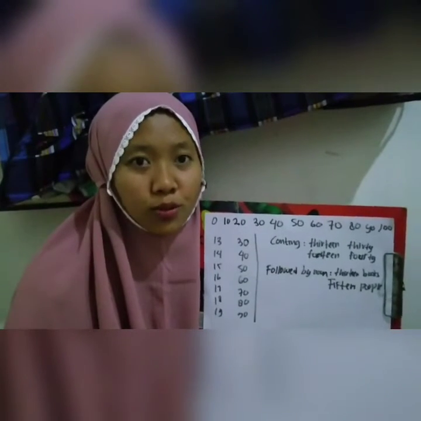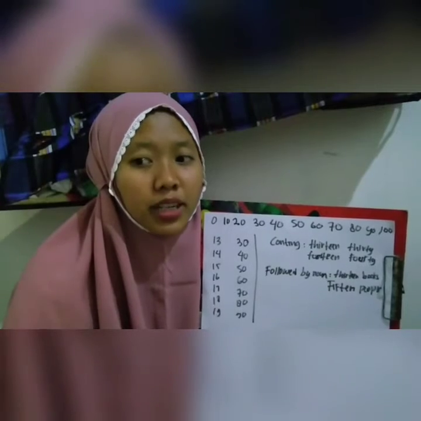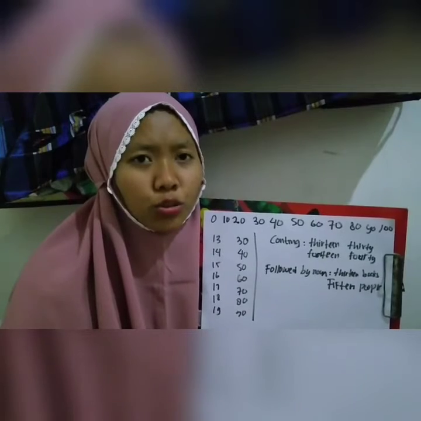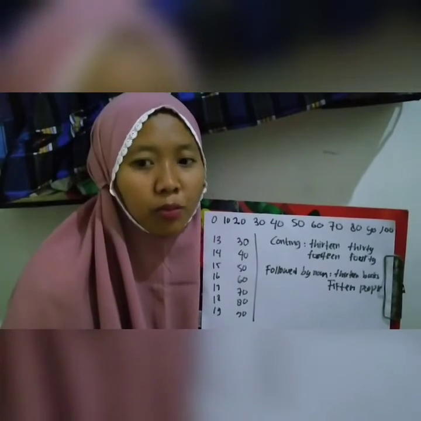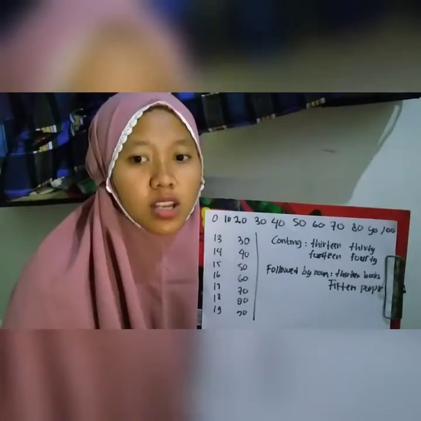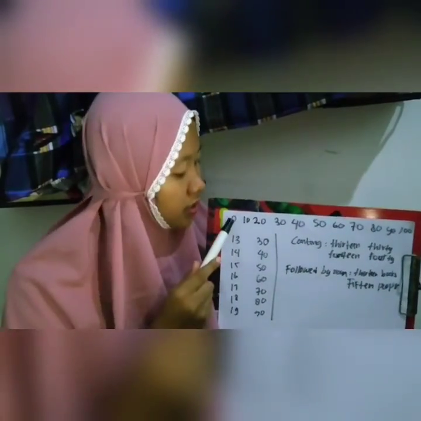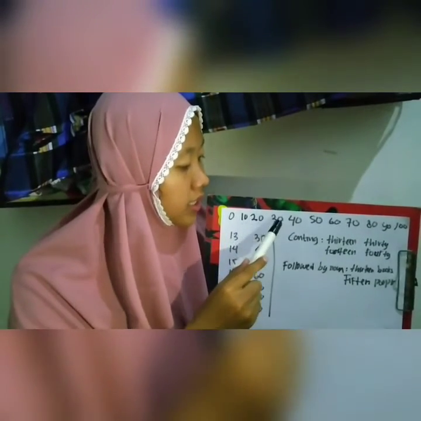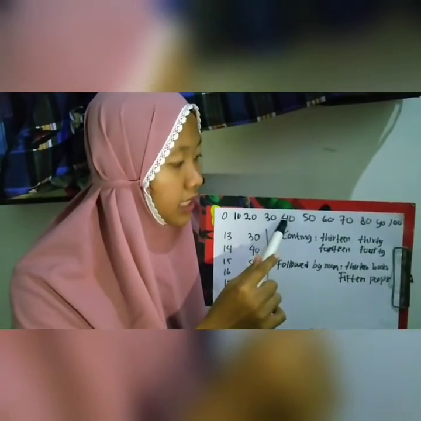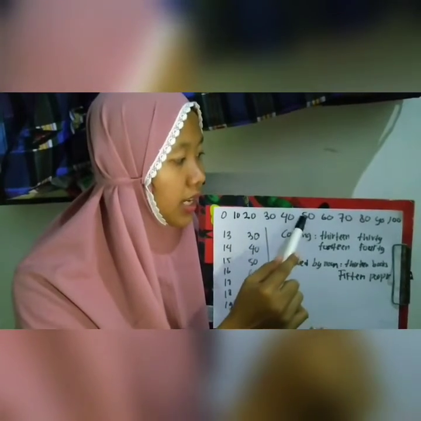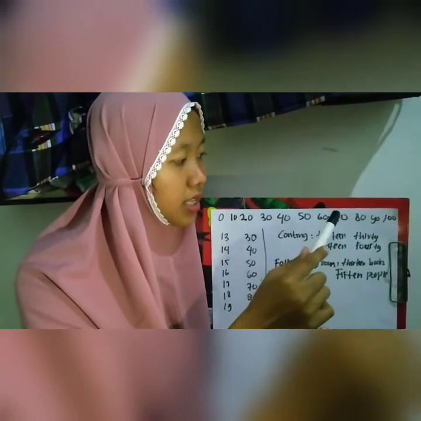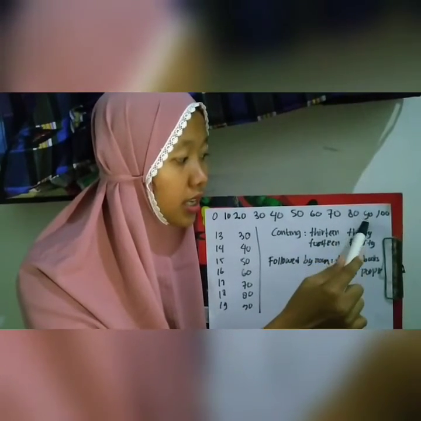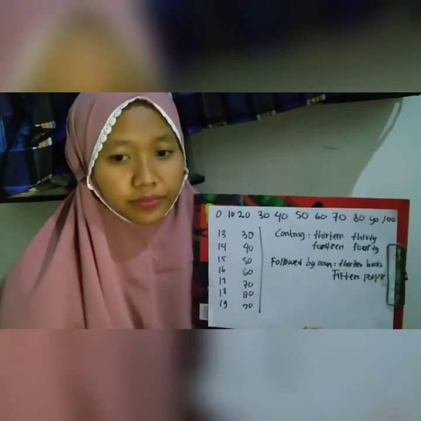I would like to say these numbers at the top once again. I'm going to talk a bit about pronunciation. So this is 0, 10, 20, 30, 40, 50, 60, 70, 80, 90, 100.